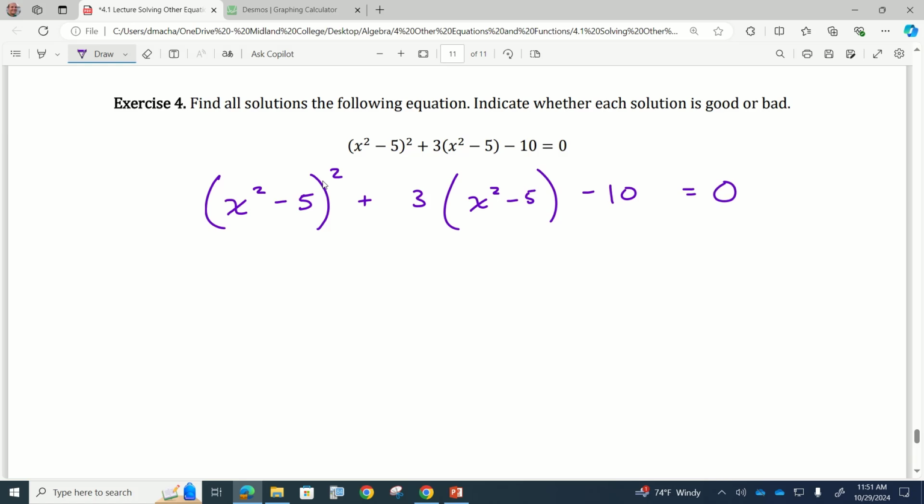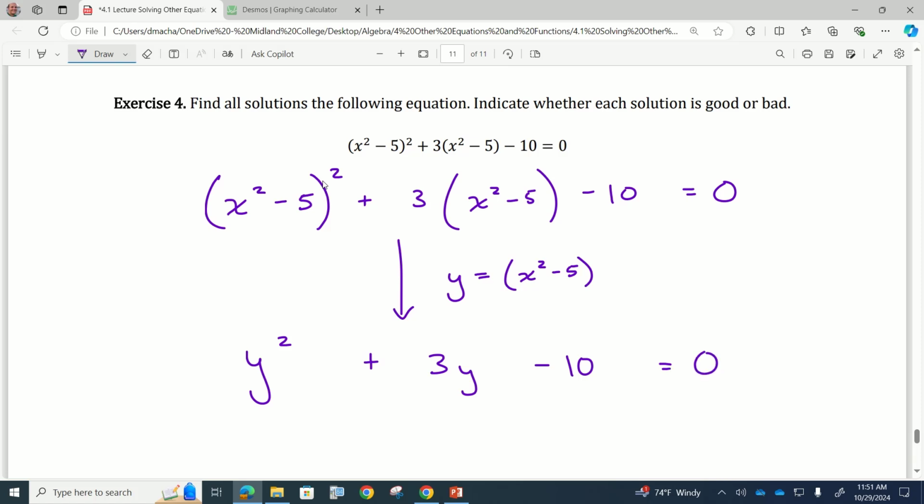What kind of substitution is this suggesting? Yeah, y equals x squared minus 5. And then I get y squared plus 3y minus 10 equals 0. And that's so nice and neat.